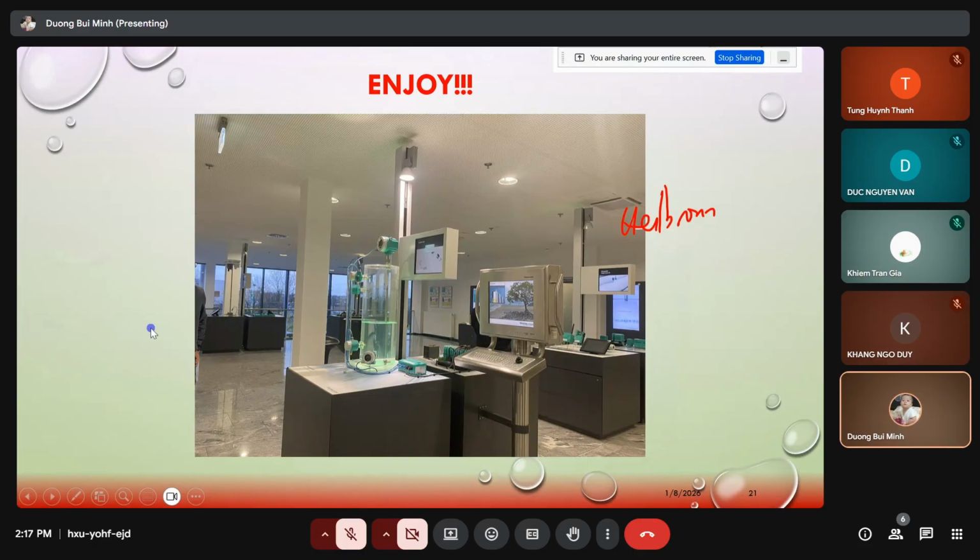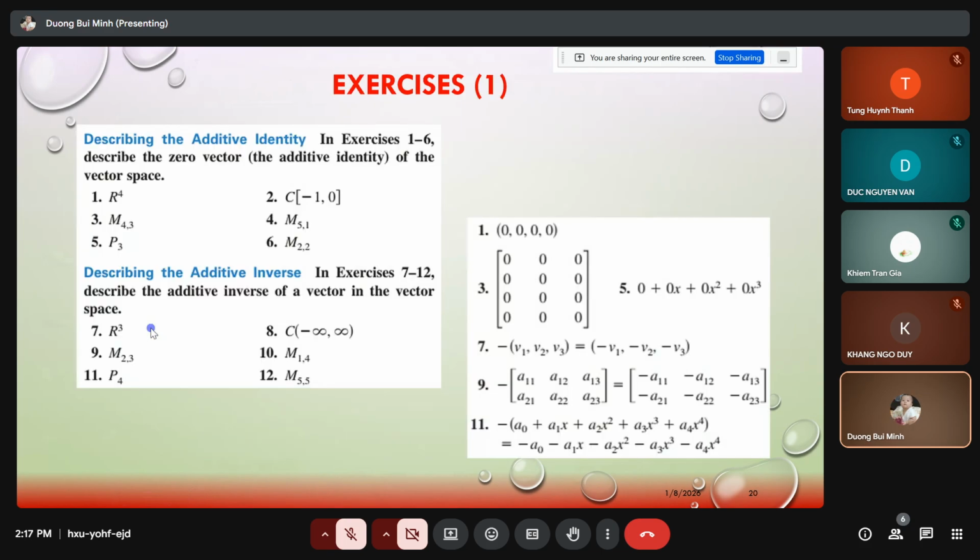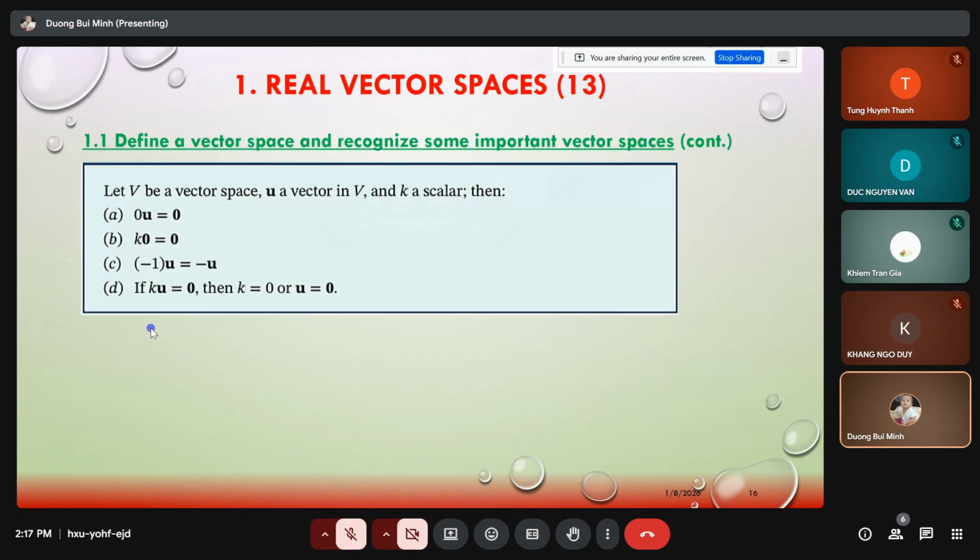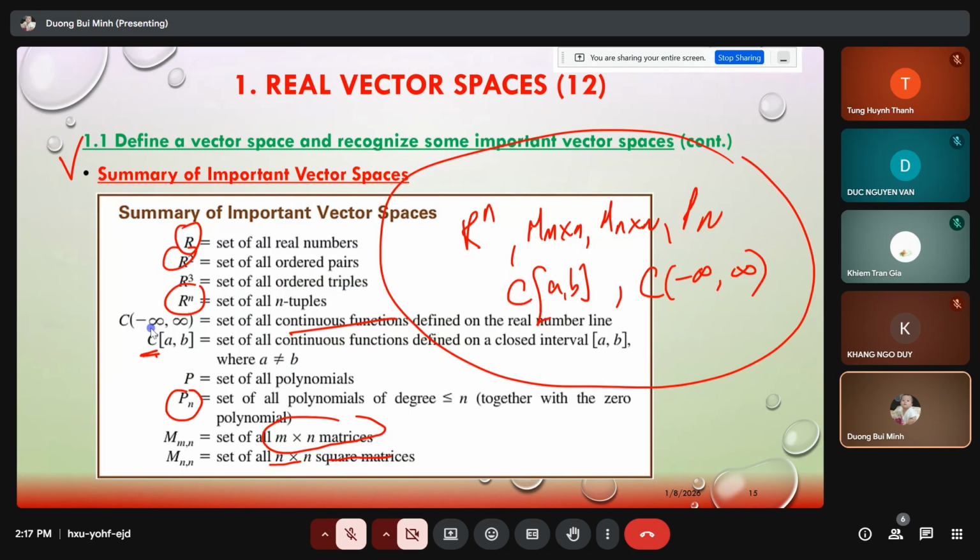You said that R2 is not a vector space. But you need to define C times X as (C X1, C X2), and then CX1 and CX2 must be different from 0.